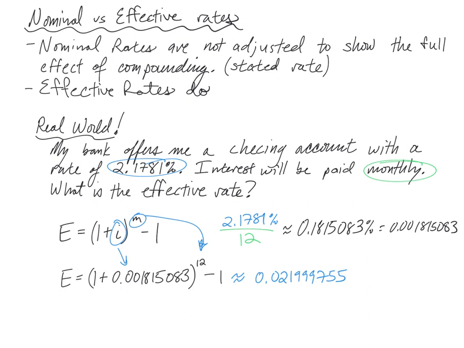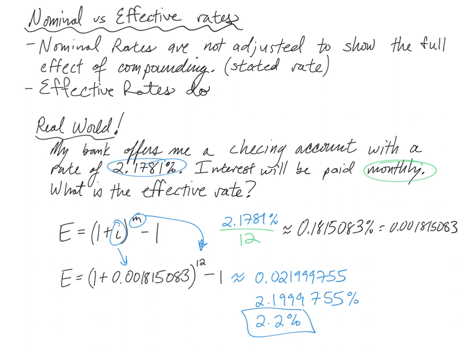But we are reporting back an interest rate, and this won't make a lot of sense to almost anyone until we put it into a percentage. So this will be 2.1999755, and then you can round. This is a percent. This would be about 2.2%.